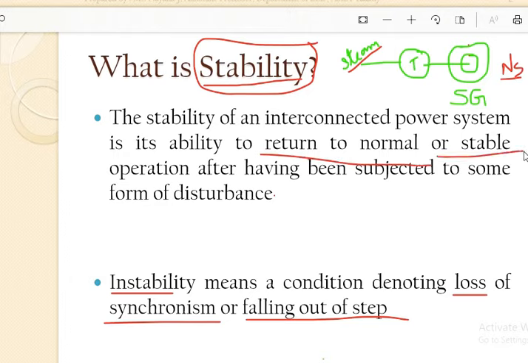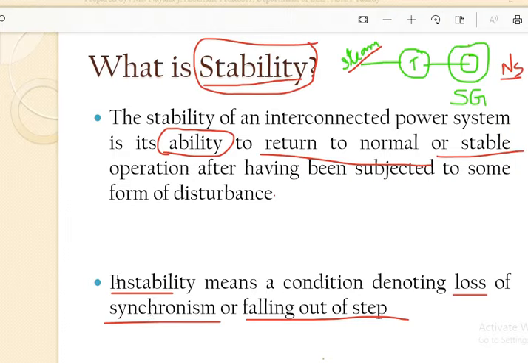Then you can say that your system is stable. It is actually the ability of the system. If a particular generator or a power system with all its accessories is capable of making your machine go back to synchronism even when some disturbance occurs, you can call that a stable system.